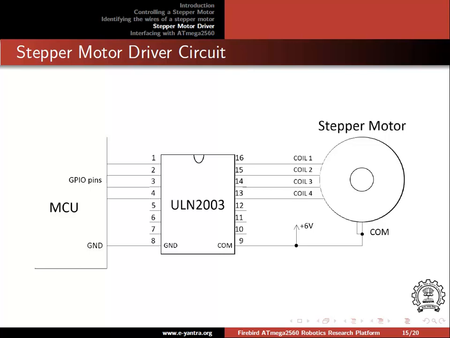All transistors have a common emitter that is connected to the ground at pin 8. The COM pin at pin 9 is connected externally to the supply voltage. The circuit is basically used to drive the stepper's high current windings by a microcontroller's general purpose I/O pins.